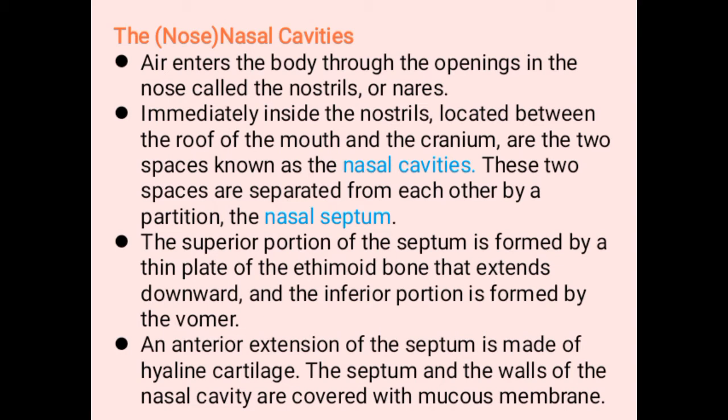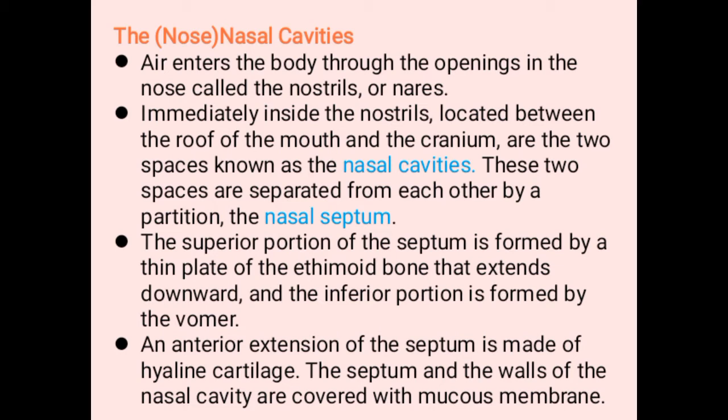If you look at the anatomy of the nose physically, you are going to see the two openings that enter inside. These two openings are divided by the nasal septum, and we're going to talk about the structure of this septum. The air will be passing through those nostrils. The superior portion of the septum is formed by the thin plate of the ethmoid bone from the skull, and it extends downwards, where at the inferior part you are going to find the vomer bone.